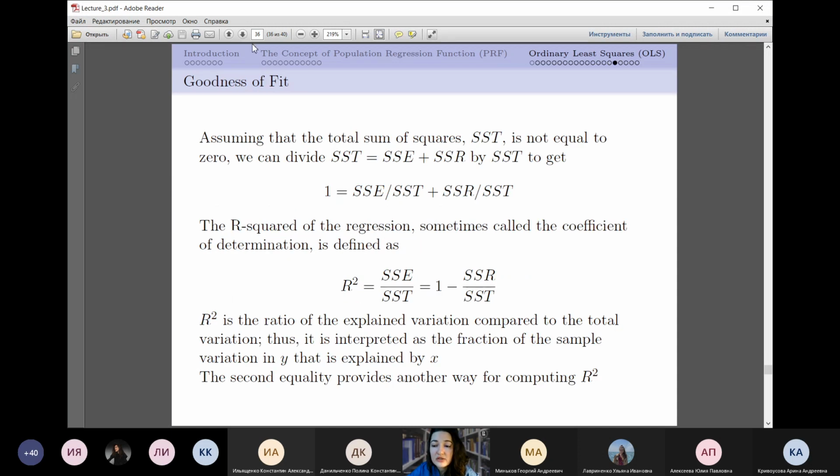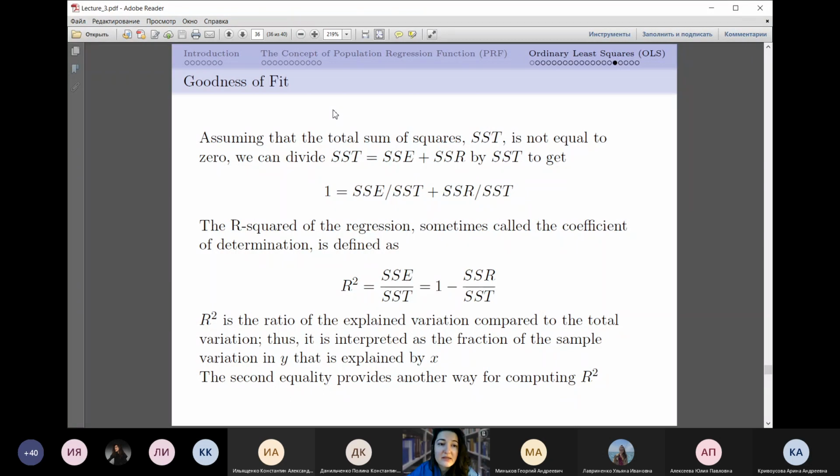And also we need to talk about the goodness of fit. So after we calculate and run our regression, after we obtain some coefficients, we need to understand how well we can explain the variation in our dependent variable with our independent variables.